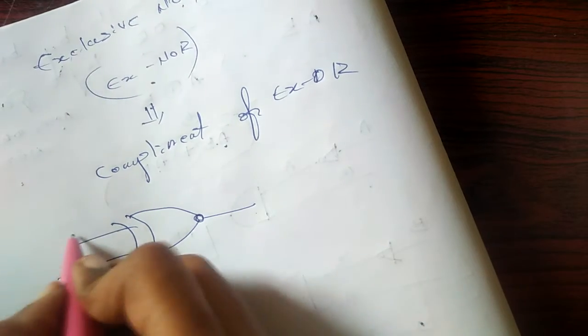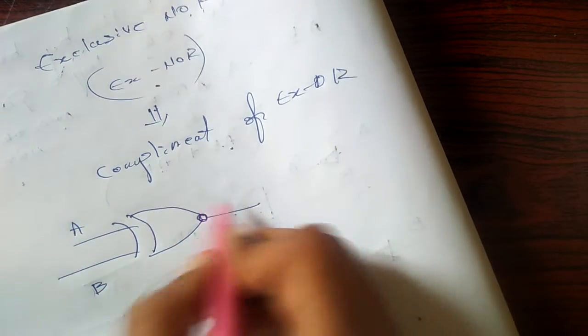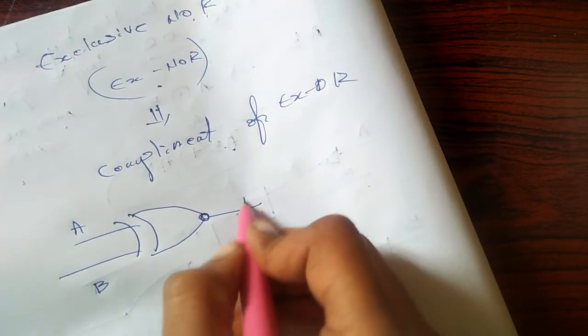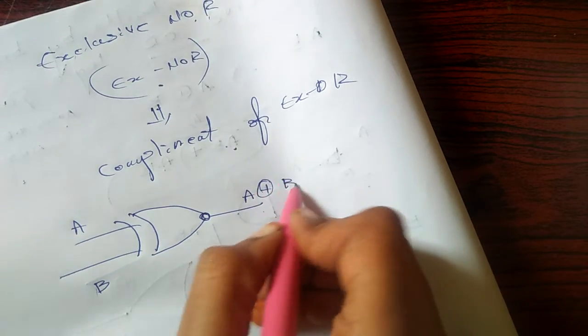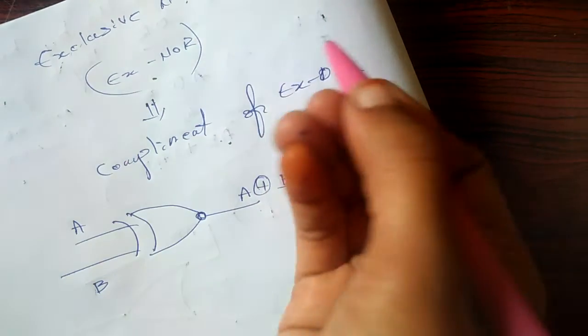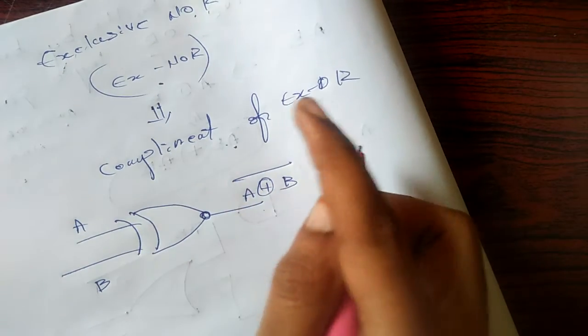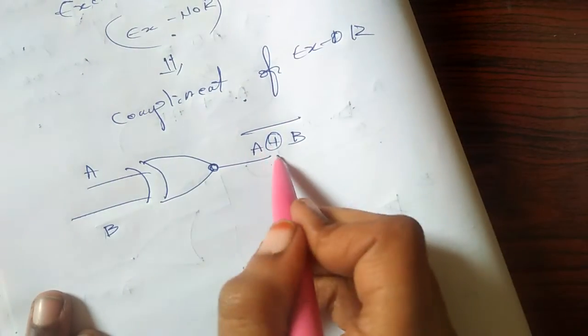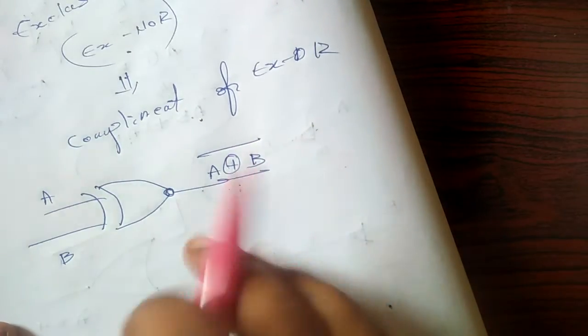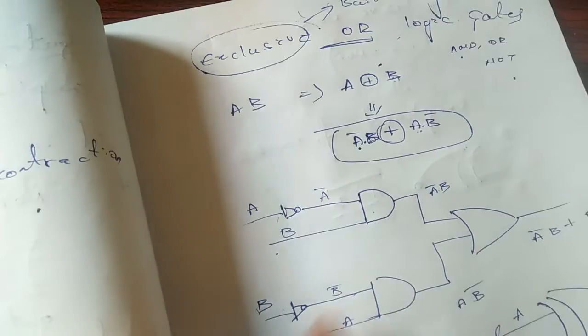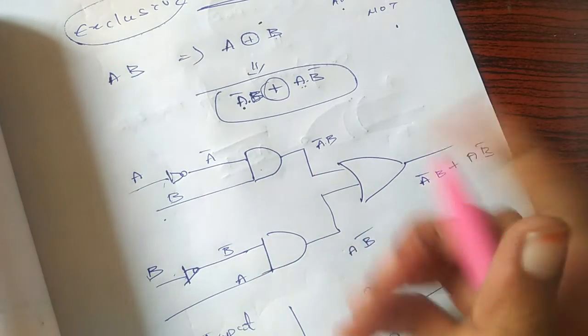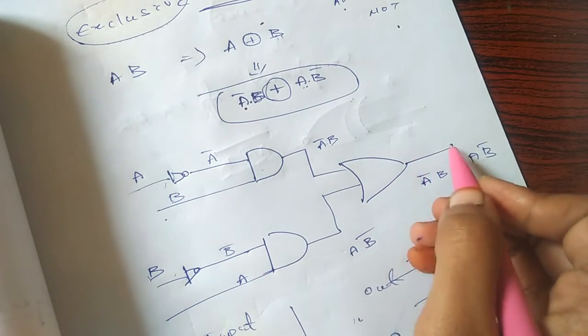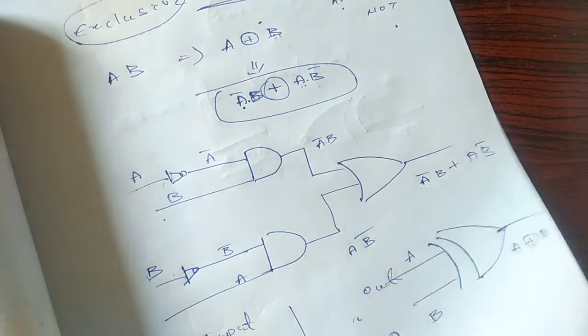Fine. Okay. The inputs are A, B. The output of the XOR gate is A XOR B, but as it is XNOR, which is the complement, right? Okay, fine. For the same, if you would like to draw the circuit using the basic building blocks, you have to put a NOT gate here for the inversion, right?